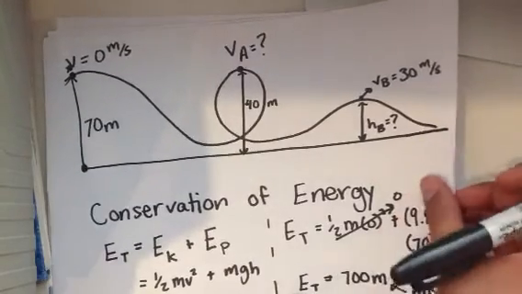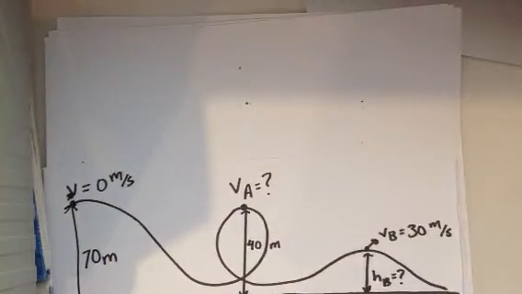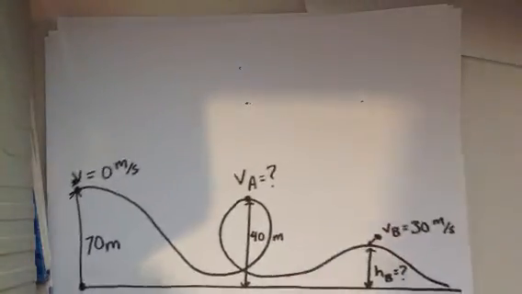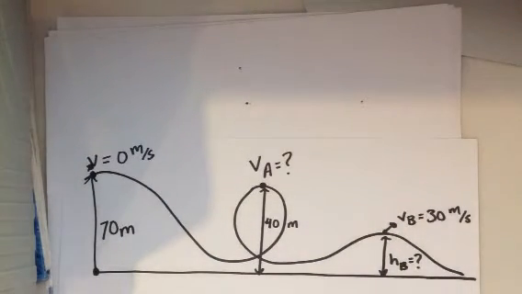Okay? And now to solve for the velocity at point A, we'll use the same technique, given that we know m.